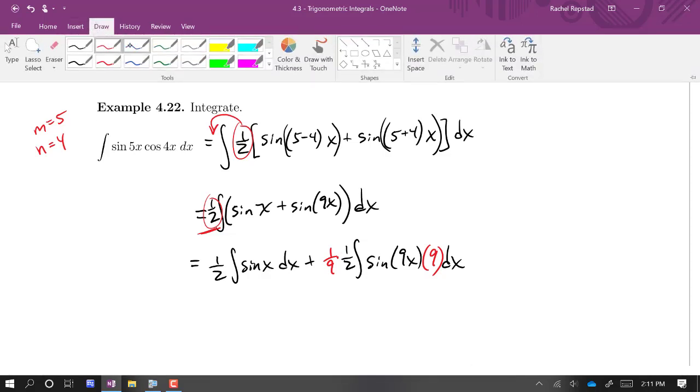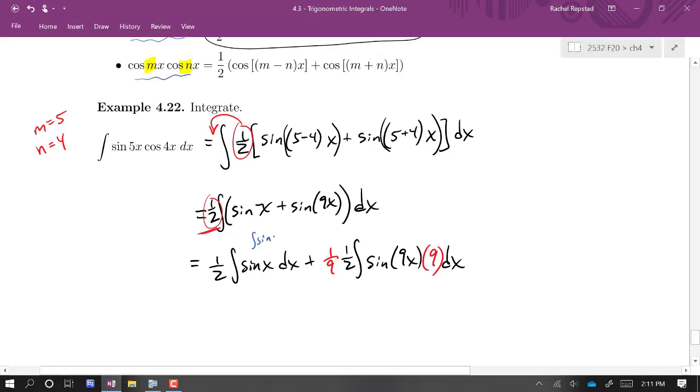Right, now these are both of the form integral sine u du. The integral of sine is a minus cosine. So this is minus 1/2 cosine x minus 1/18 cosine of 9x plus a constant.